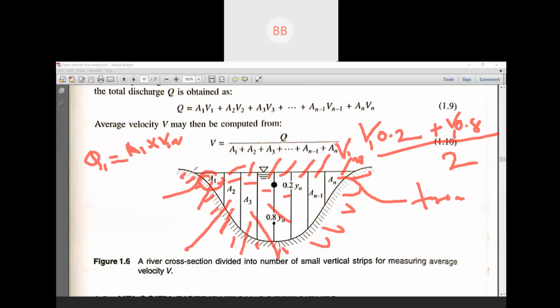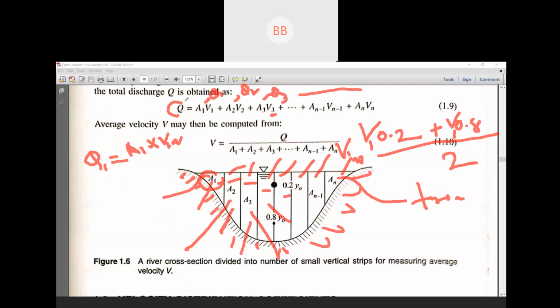Here it's already given. This is your q1, this is your q2, this is your q3, that is a3 into v3, and so on.